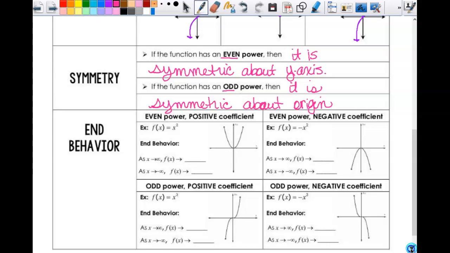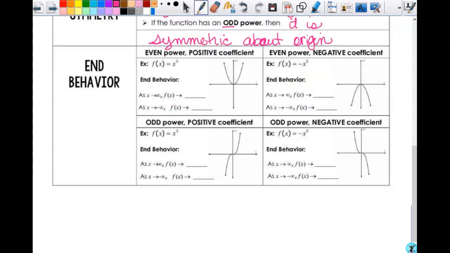Okay, so we're tying this to end behaviors. This is kind of a review, but it is going to become even more important here. If we have an even power and a positive coefficient, so it has the quadratic look even if it's x to the sixth, we know it's going to look like this, which means the end behavior is: as x approaches infinity, f of x approaches infinity.